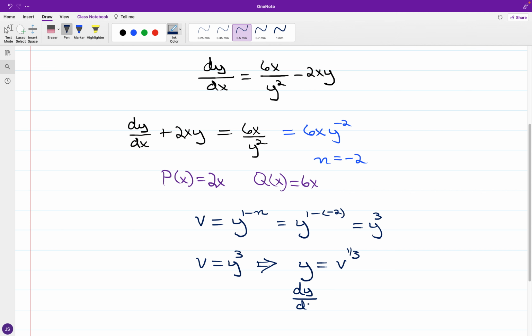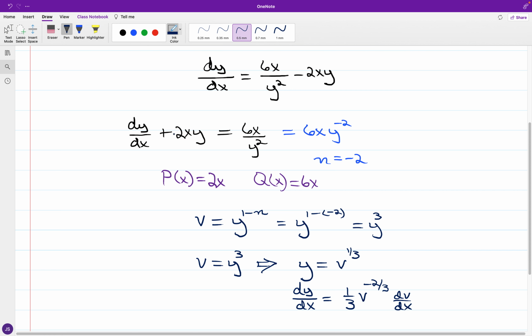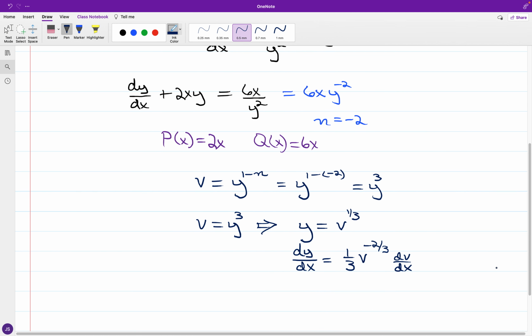So dy over dx, taking the derivative with respect to v and then with respect to x, is 1/3 of v to the negative 2/3 dv over dx. And now I replace the terms in the equation, translating it in terms of the substitution variable v.